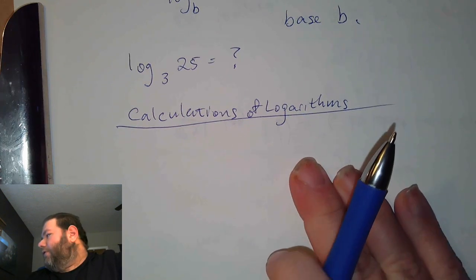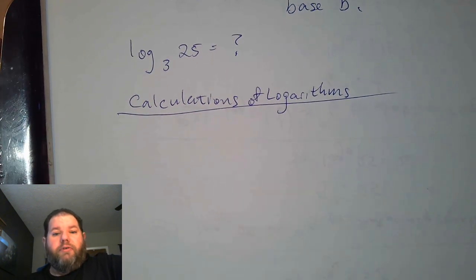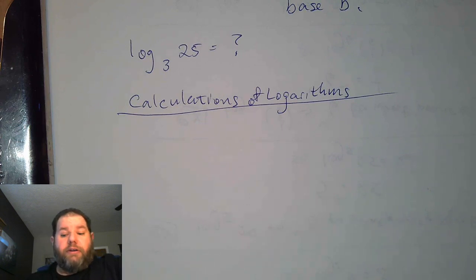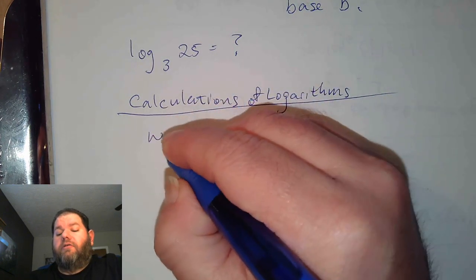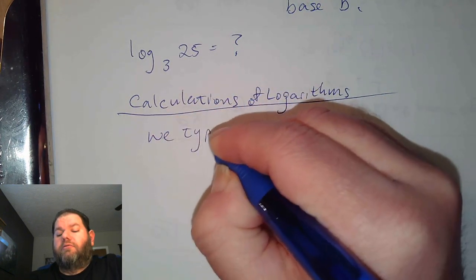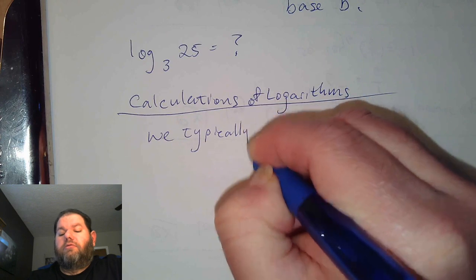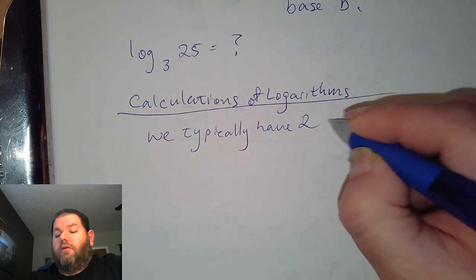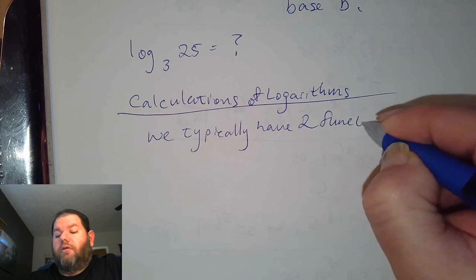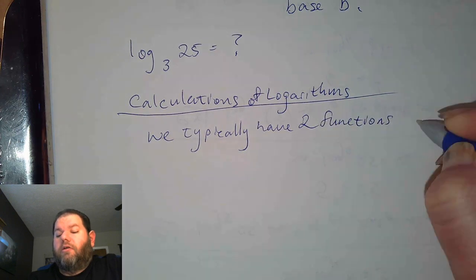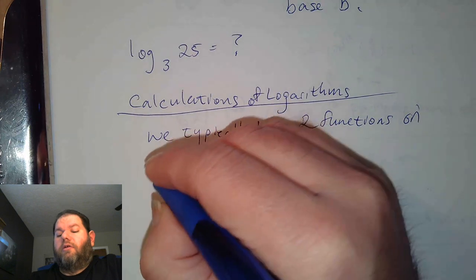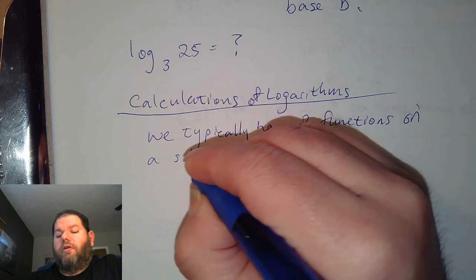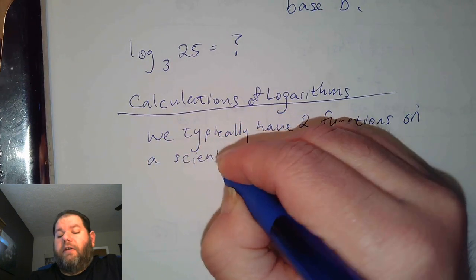So for calculations of logarithms on our calculator, we typically have two buttons. Not necessarily two, but we have two functions we can use. And this will be on a scientific calculator.